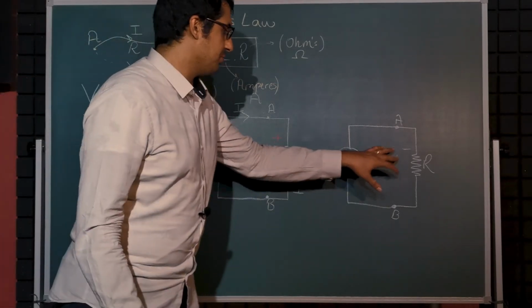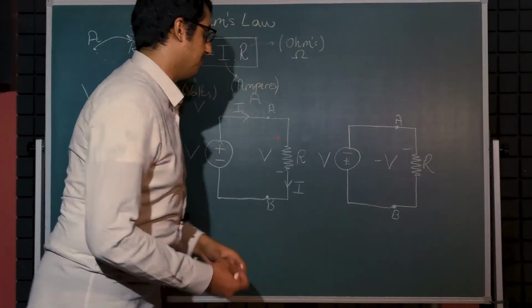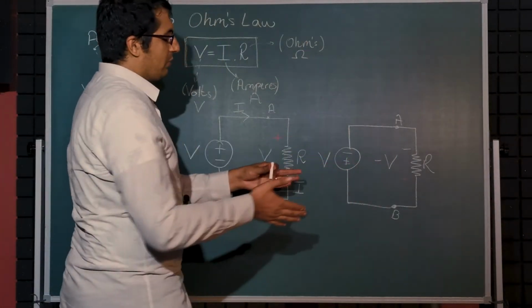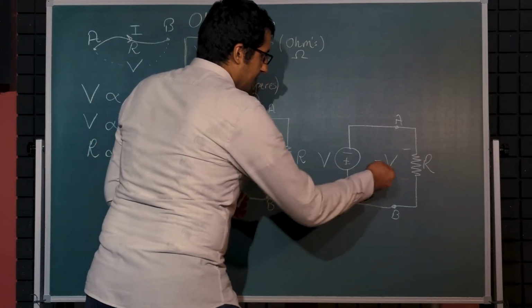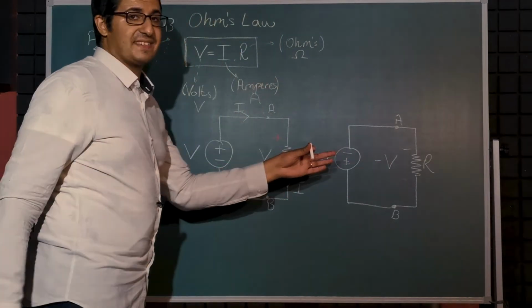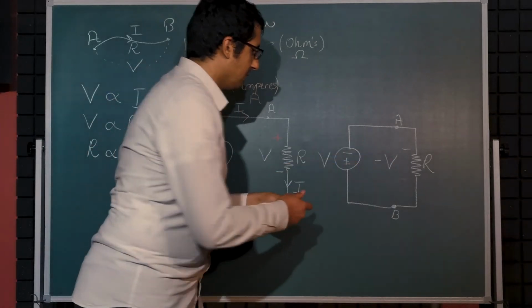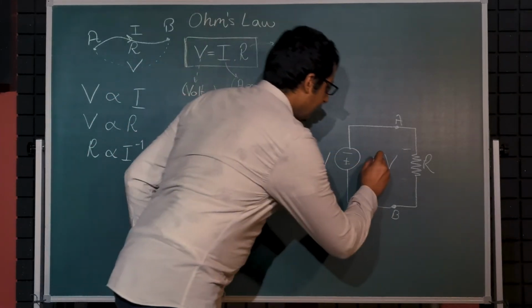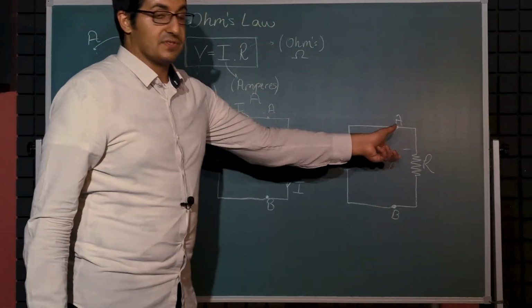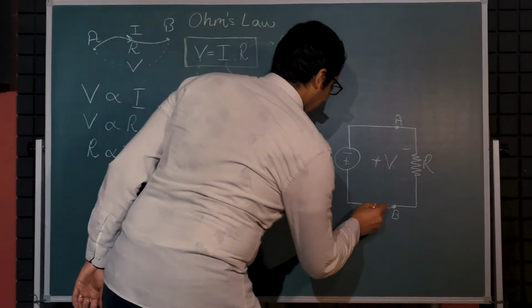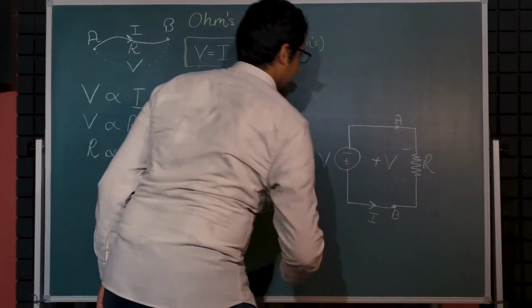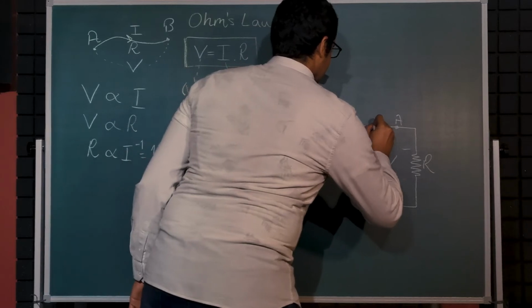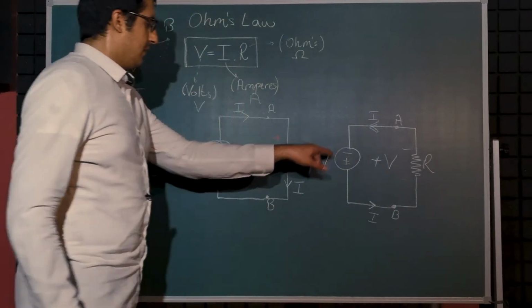If I take plus minus in this direction, but if I show the polarity in this fashion, it will be plus V, but the polarity is inverted. But it doesn't matter. And the I is flowing in this direction, like that.